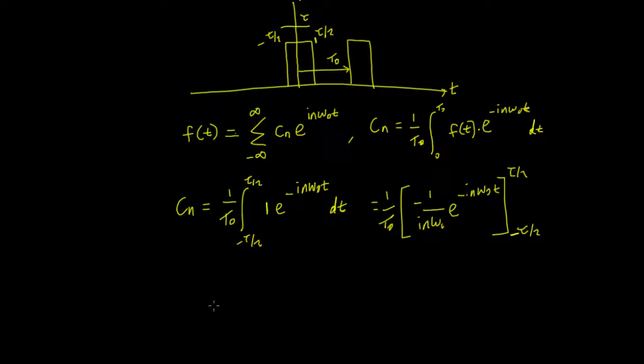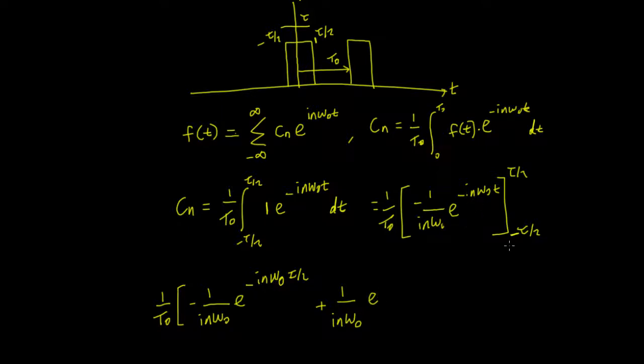So what we can do is take the tau upon 2 in. We're going to have 1 upon t naught, and it's going to be minus 1 upon I n omega naught e to the minus I n omega naught, and t gets replaced by tau upon 2, and it'll be minus, this negative again, so it'll be plus 1 upon I n omega naught e.